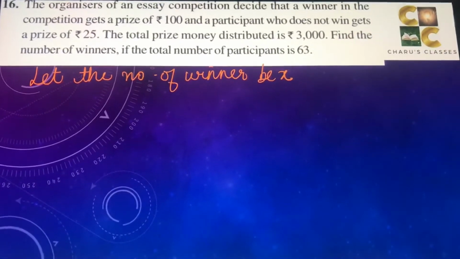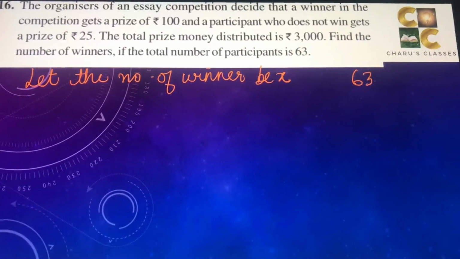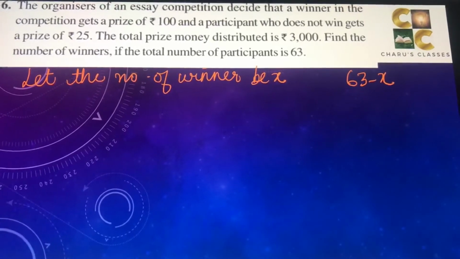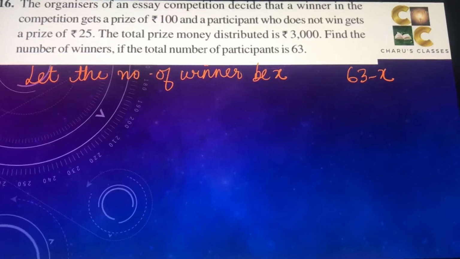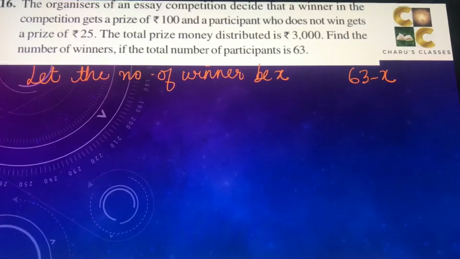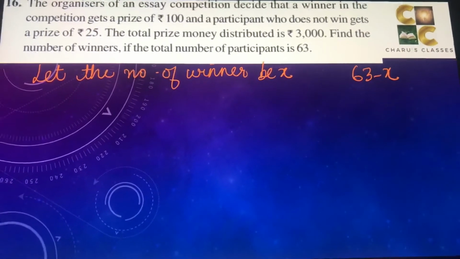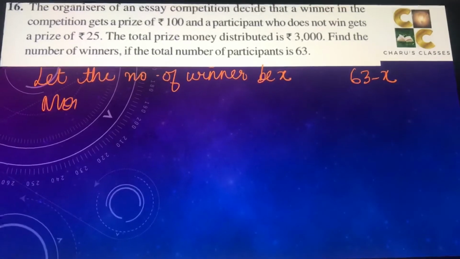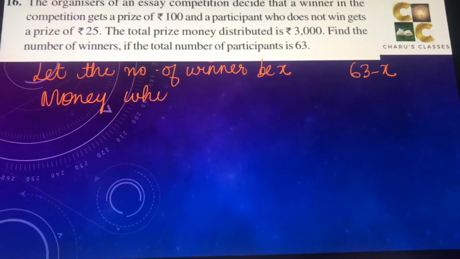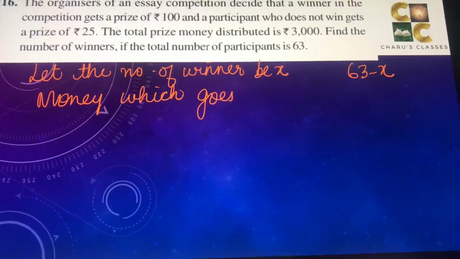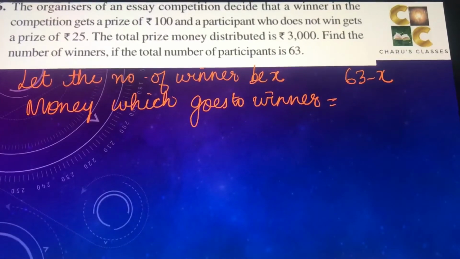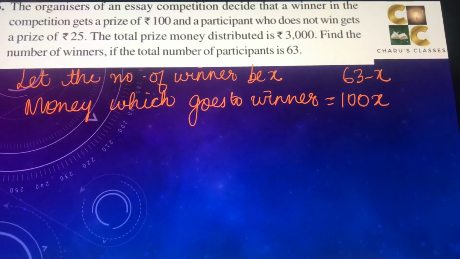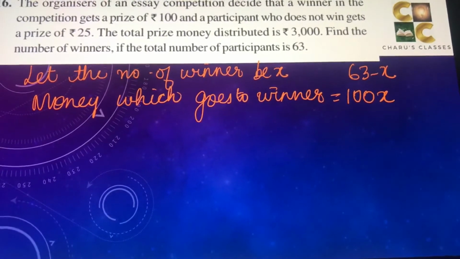So those who did not win, they will definitely be 63 minus x, because the total number of participants are given as 63. Now the winners get rupees 100. So the money which goes to winners, x लोगों को 100 rupees मिल रहा है, so that is 100x.